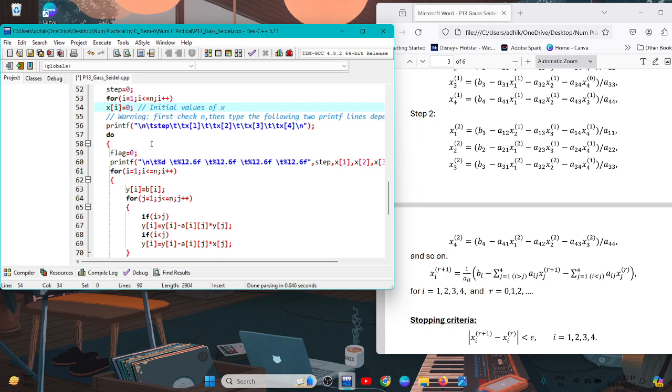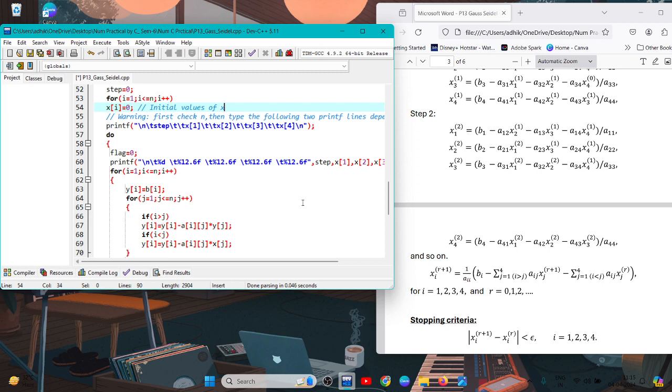This flag equal to 0, this i equal to 1, i less than or equal to n, i plus plus, yi equal to bi. So initially i equal to 1, so y1 equal to b1. j equal to 1 up to j less than or equal to n, j plus plus.